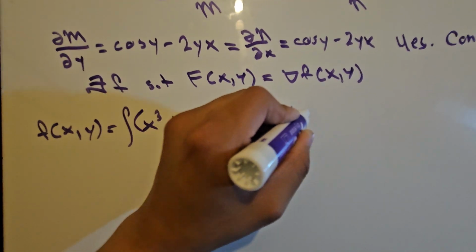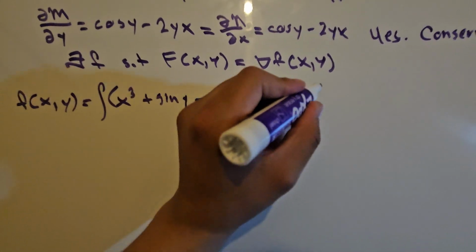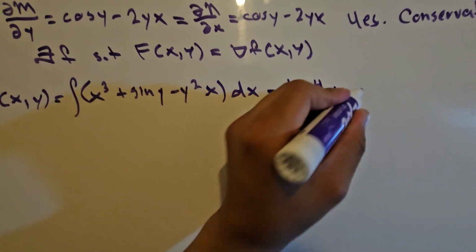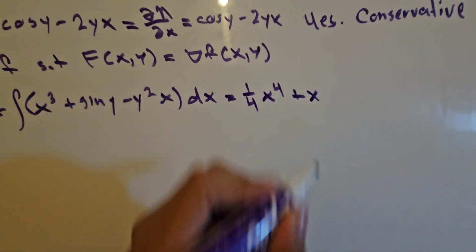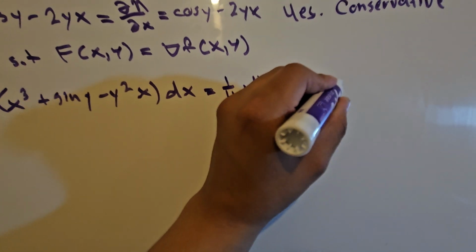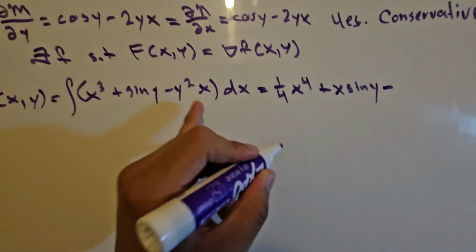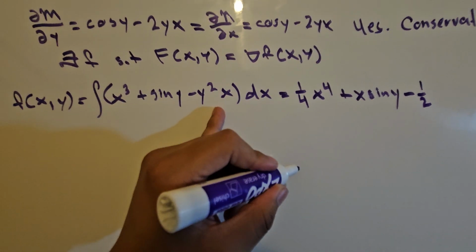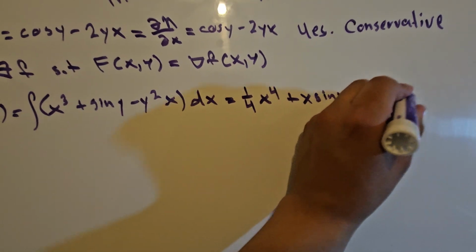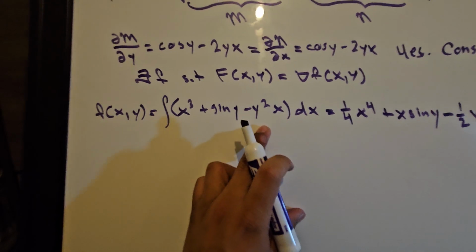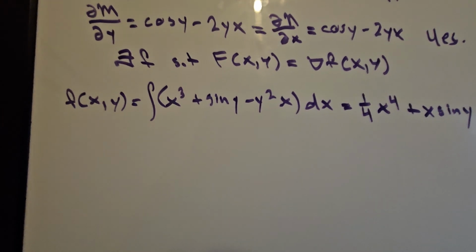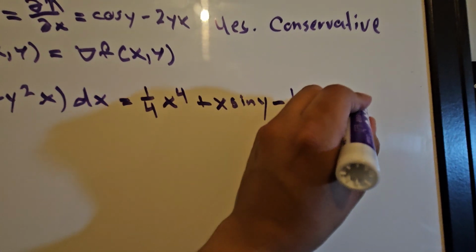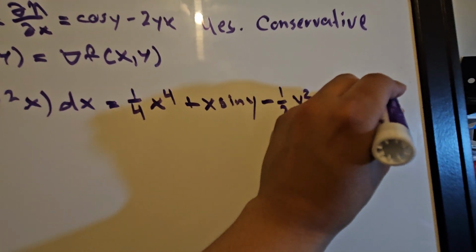Integrating with respect to x gives us x to the 4th over 4 plus x sine y minus 1/2 y squared x squared, and our constant of integration is just going to be g of y.